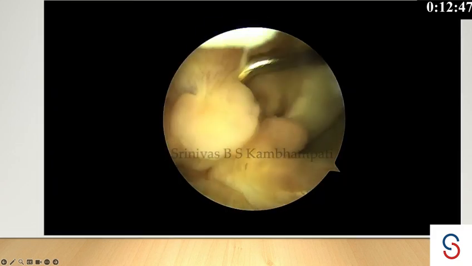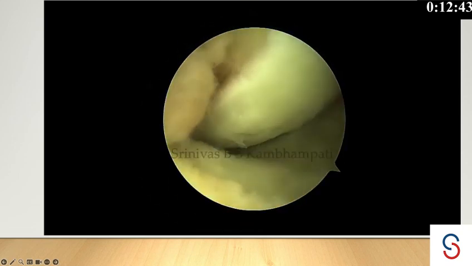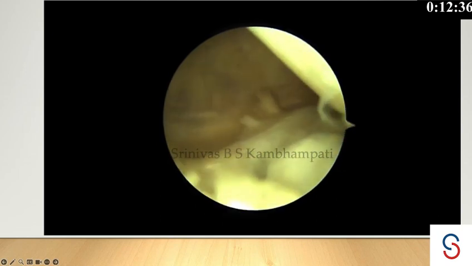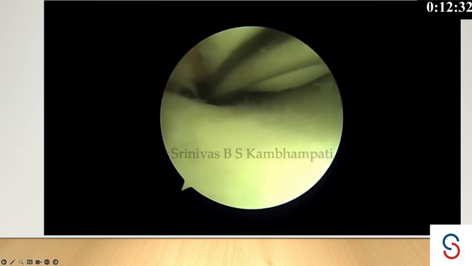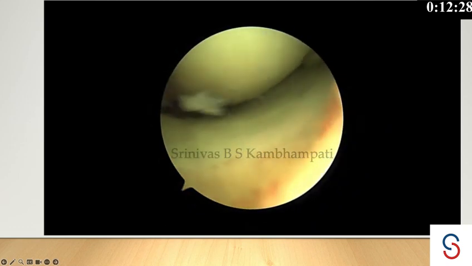So an arthroscopy was done, and the findings on arthroscopy: there was a ruptured ACL, and a trans-notch view showing the ramp lesion and the contents within the ramp. The medial compartment was a little tight with loss of medial meniscus posteriorly.